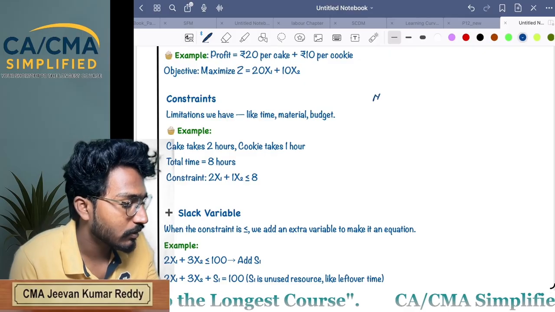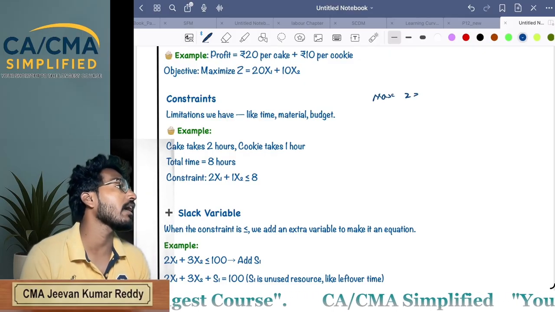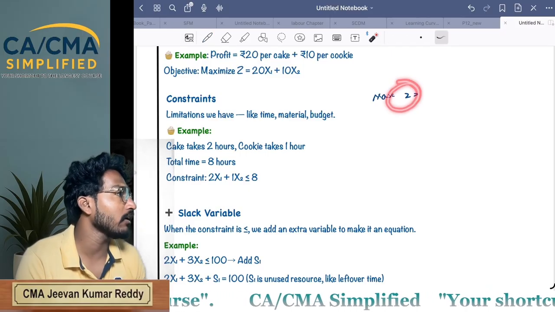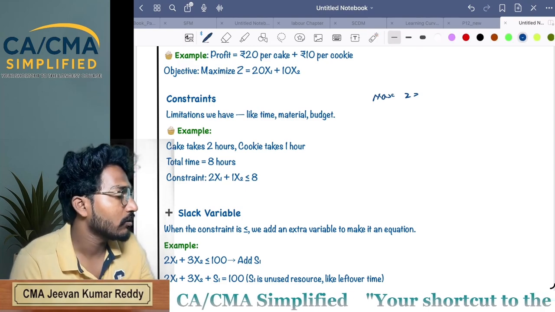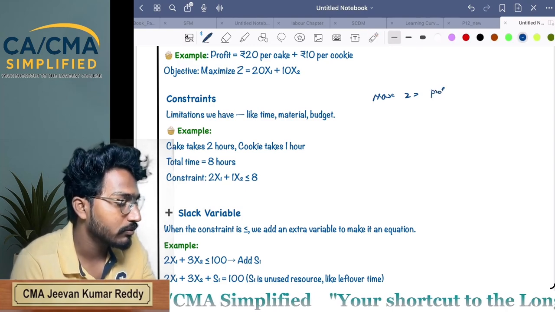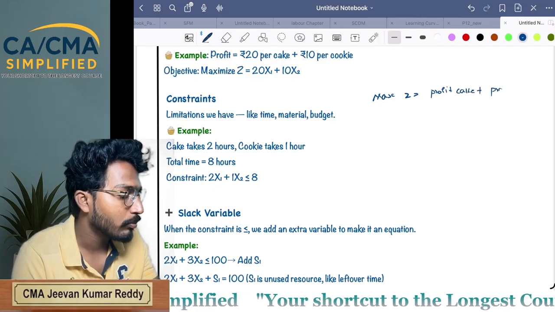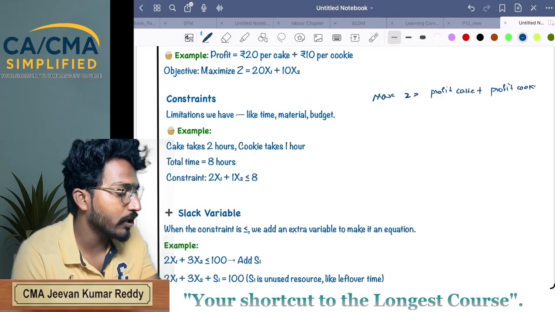Now, max z. What is max z? That is the maximum profit of the bakery. How to get the profit of the bakery? Profit of cake plus profit of cookie.